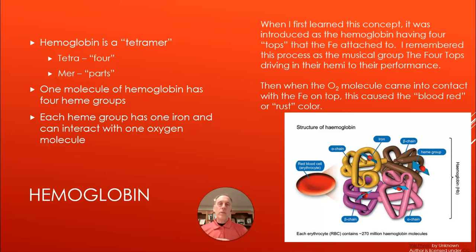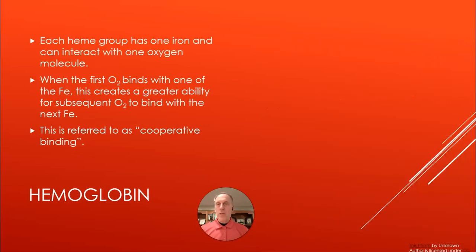And so what happens is, once that first oxygen molecule hops on board with them to go to their show, then it's really easy for them to pick up the next 3 oxygen molecules to go with them to their show. Kind of viewed them as like iron groupies, if you will, or the 4 Tops groupies. Anyways, so the way I would just wrap myself around this is when the 4 Tops were driving in their Hemi, they would pick up oxygen molecules along the way, and that would give the car its red color. And it worked for me.